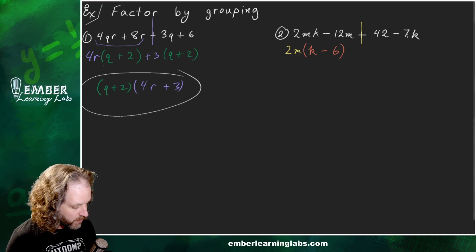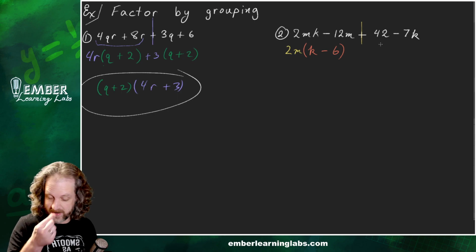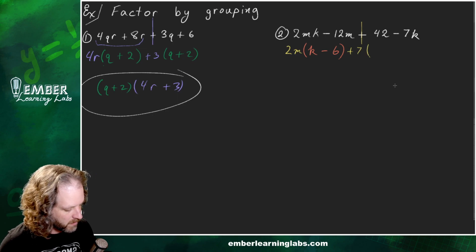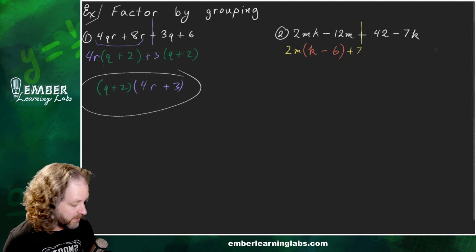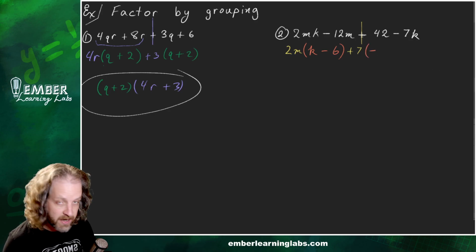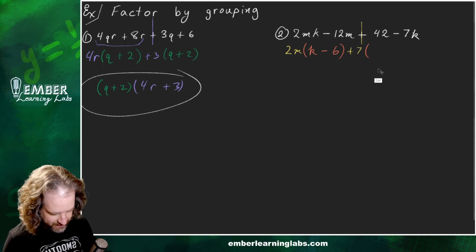So in the second one, what are we going to pull out? We're going to pull out what's in common. Well, there's a 7 in common, right? So we're going to pull out a +7. And there's no letters in common, right? So what is left? Well, in this first one, there is a negative, right? Watch out for those signs. Or is that, no, that's not a negative.